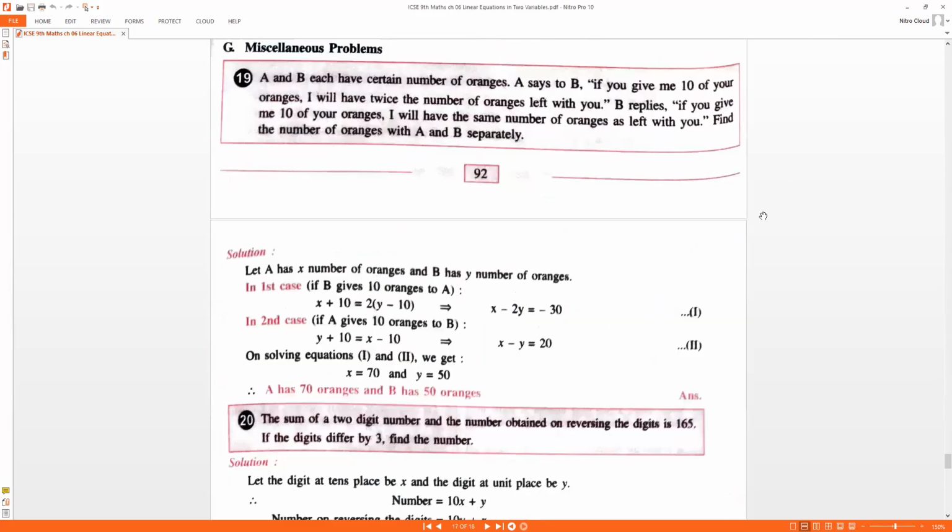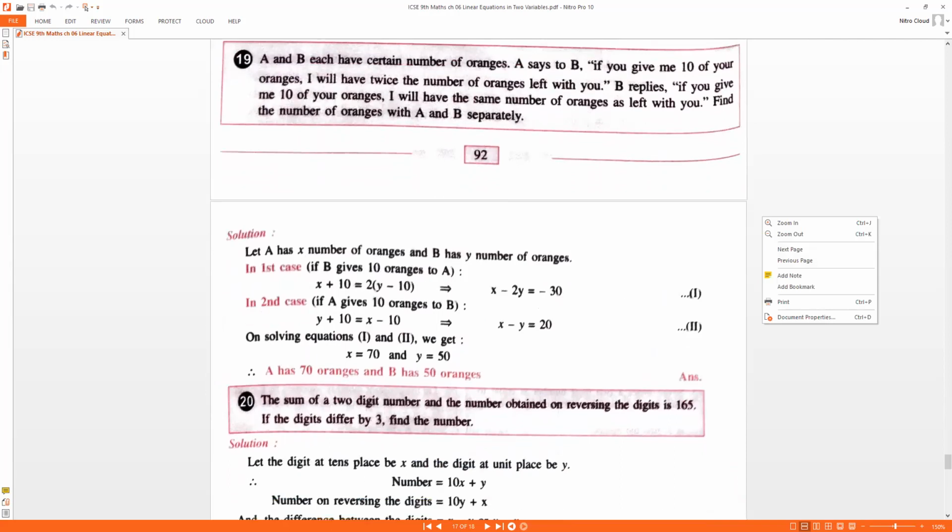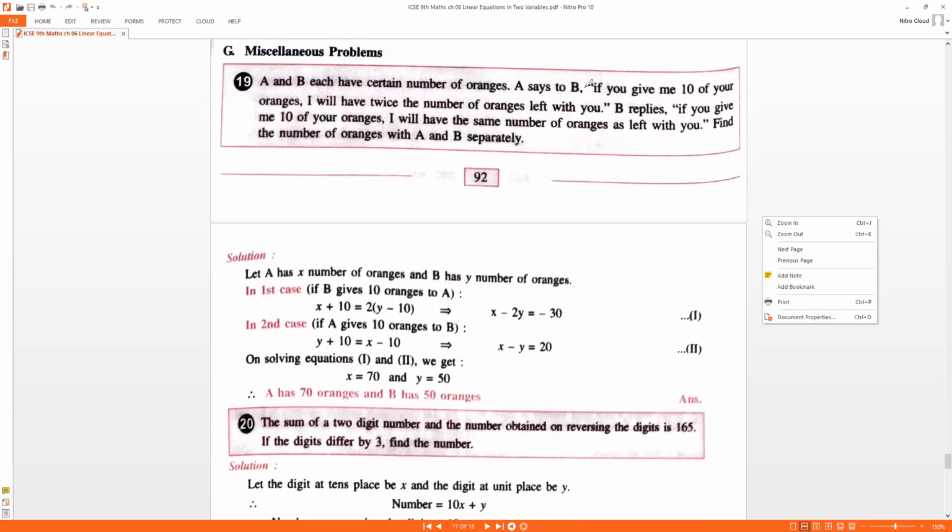So what we have to do is we will say initially, to begin with, A has X number of oranges and B has Y number of oranges, correct? Now A says to B, if you give me 10 of your oranges.